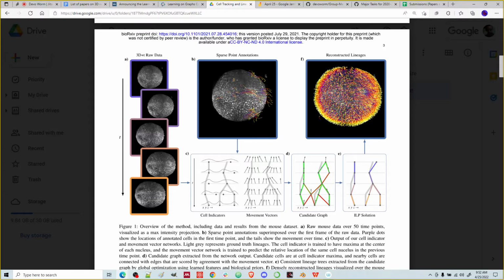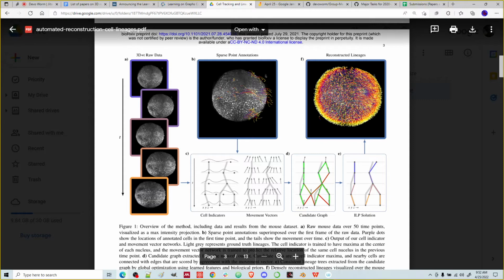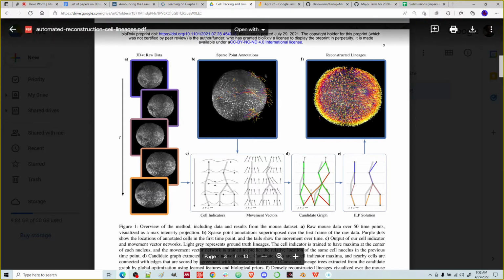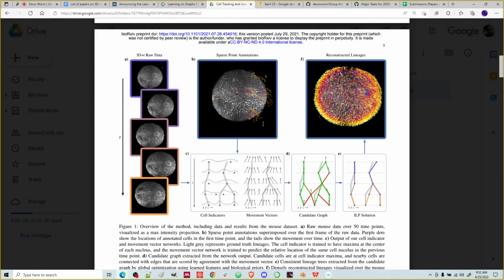Okay, here it is. This is the raw data. This is 3 dimensions in time. This is 4 dimensions. These are the reconstructions here without anything on them. Then there's a sparse point annotation where they superimpose the first frame over the first frame of the raw data. So they're reconstructing these graphs from the cell indicators and the movement vectors.